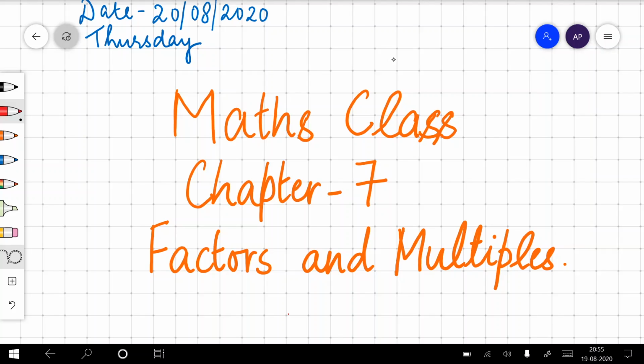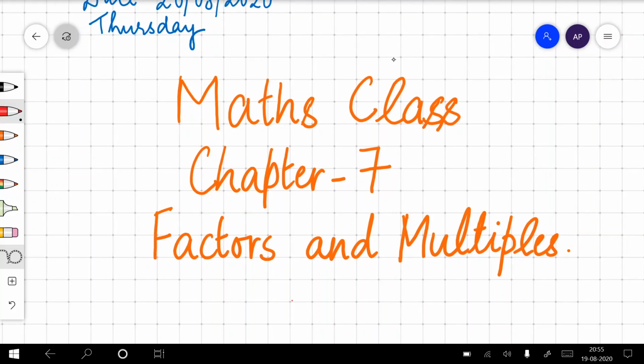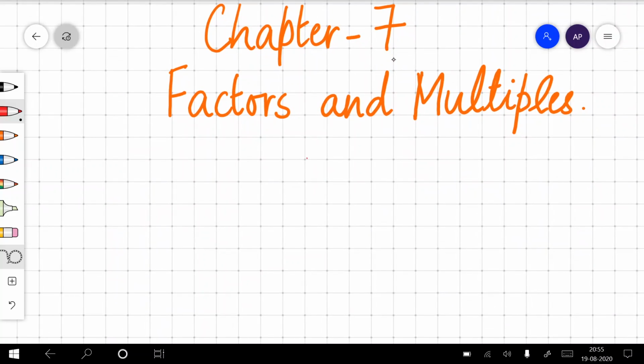It means, suppose 15, if you ask me what are the factors of number 15, then what will you do?